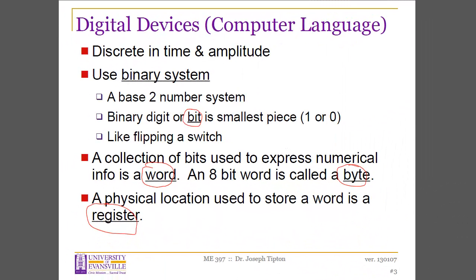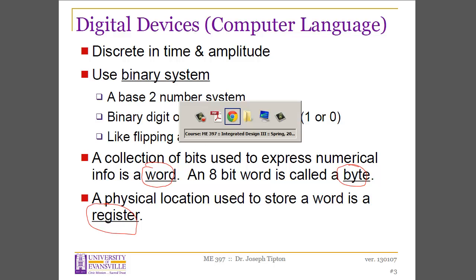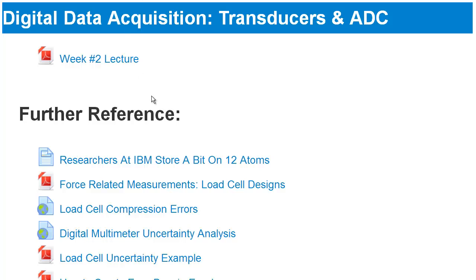As an example, you've probably noticed that our ability to store information increases in both speed and quantity. It seems exponentially every year. As an example, on the course website, I have a link here to a breakthrough at IBM, where researchers were able to store 1 bit, a 1 or a 0, on as small as 12 atoms of matter.